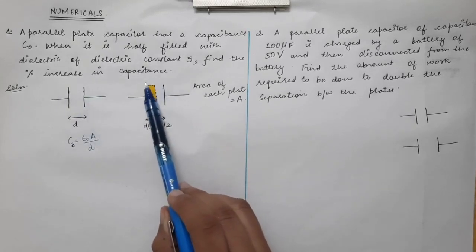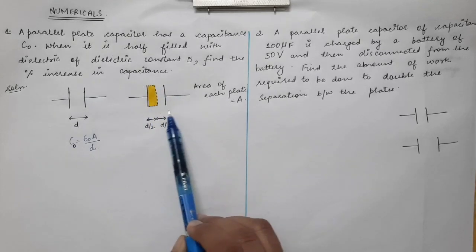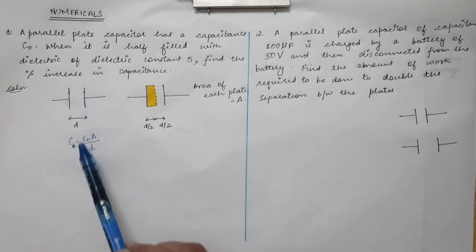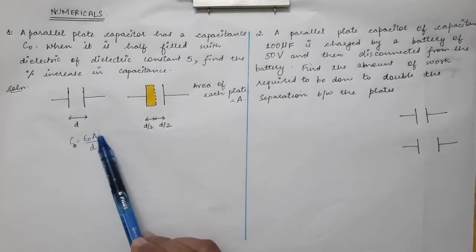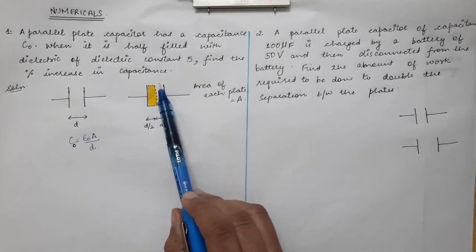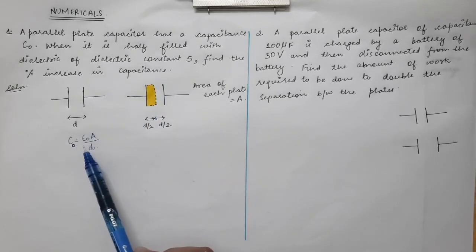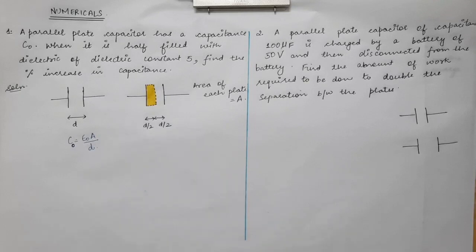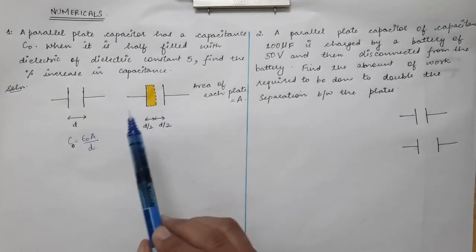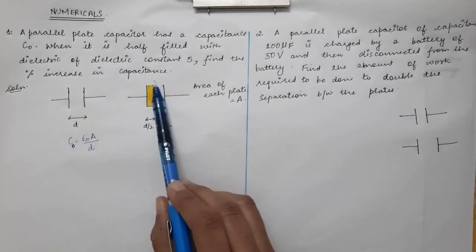We already know the capacitance of the first capacitor, that is C0, given by this formula. Now we will find the capacitance of this particular capacitor, and we will see what is the percentage increase in the capacitance. So in the second case, how do we find the capacitance of this capacitor?